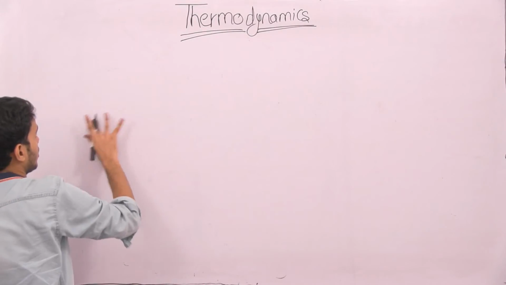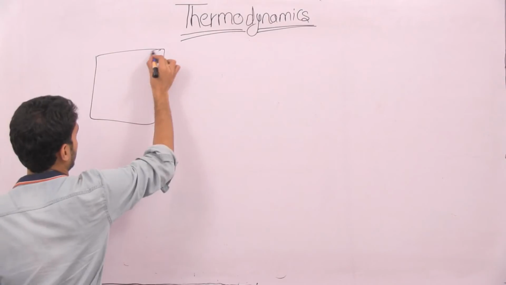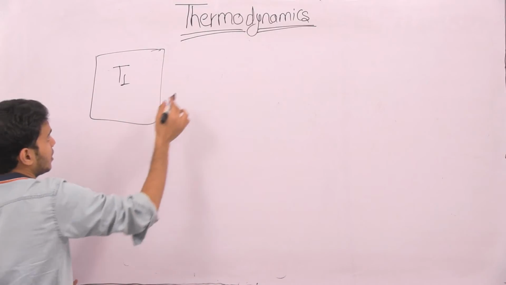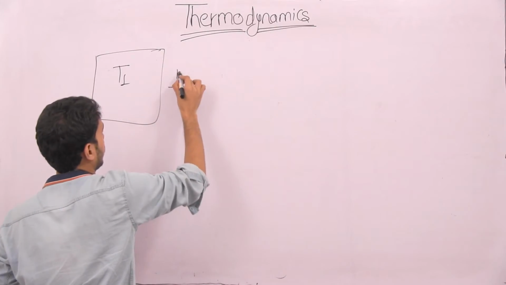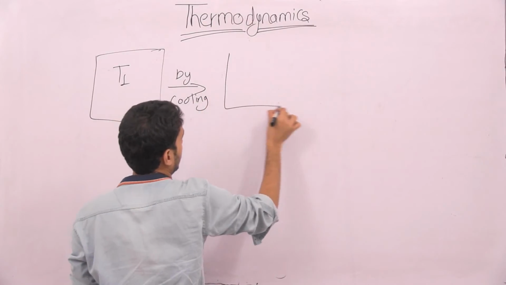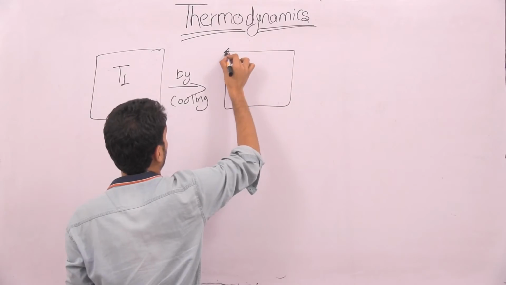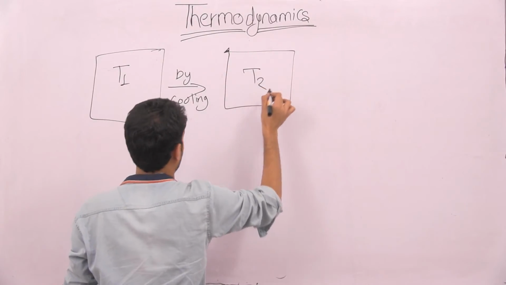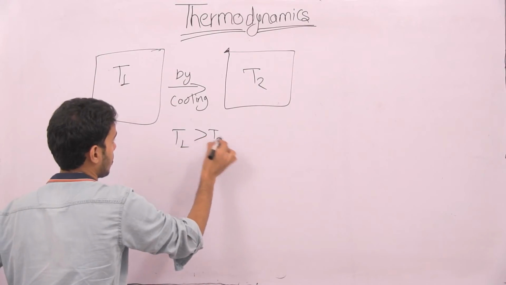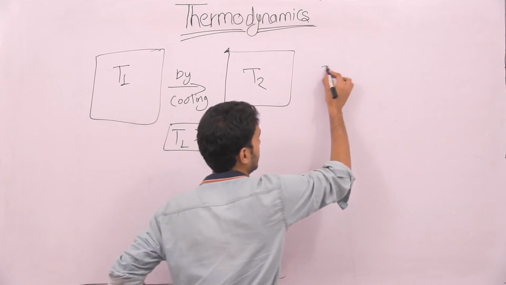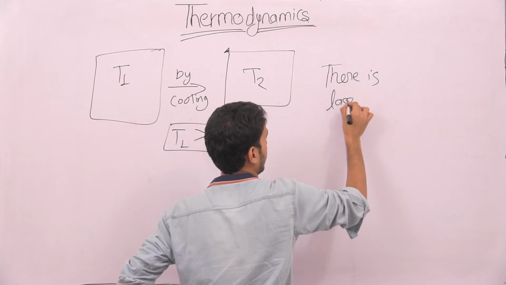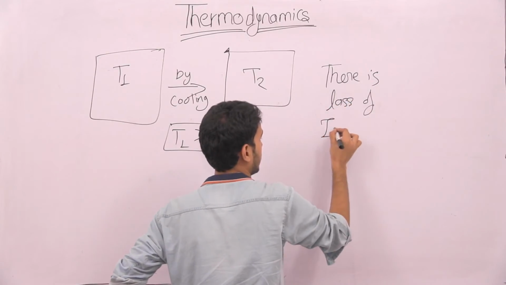If you remove the internal energy from a body, that is by cooling it, that is if a body is at T1 temperature and you by cooling reduce its temperature to T2, therefore T1 is greater than T2, there is loss of internal energy.